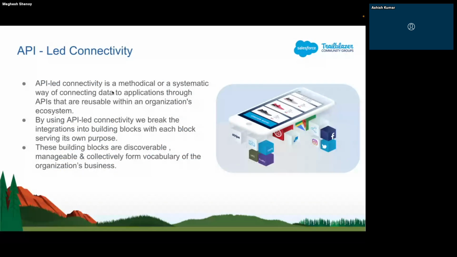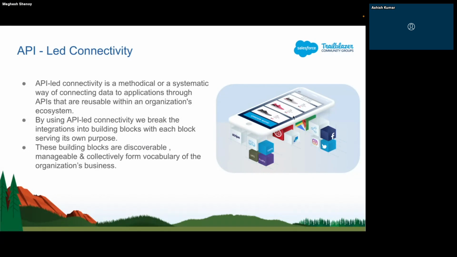API-led connectivity is just a methodical, systematic way of connecting data to applications through APIs that are usable within an organization's ecosystem. For example, if you look at this image, you are shopping at an e-commerce site, like Amazon. In the background, there are so many APIs, for example the Google Maps API, Instagram, and their own backend services, the AWS services, powering Amazon.